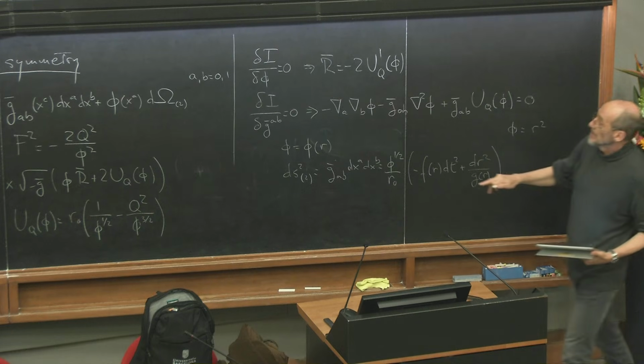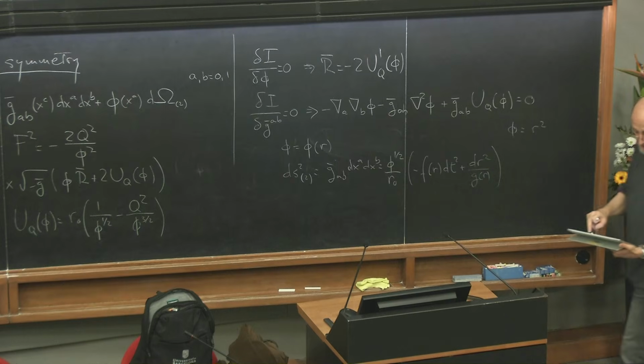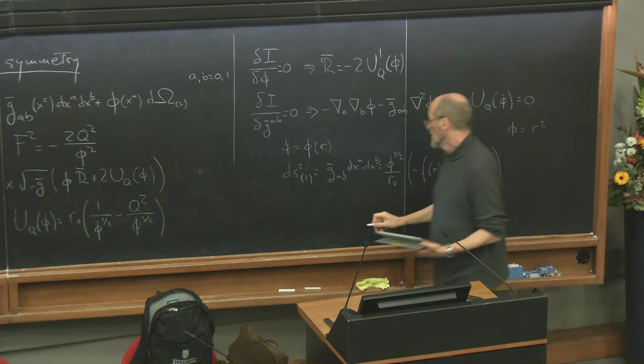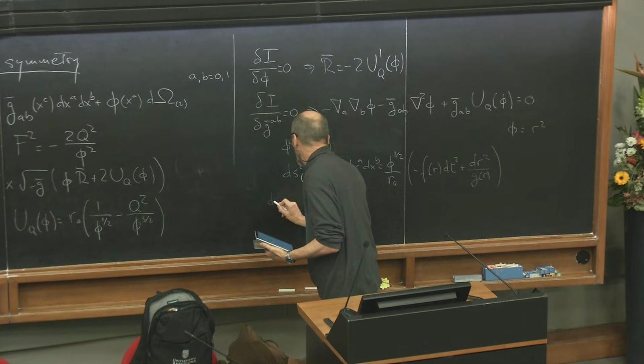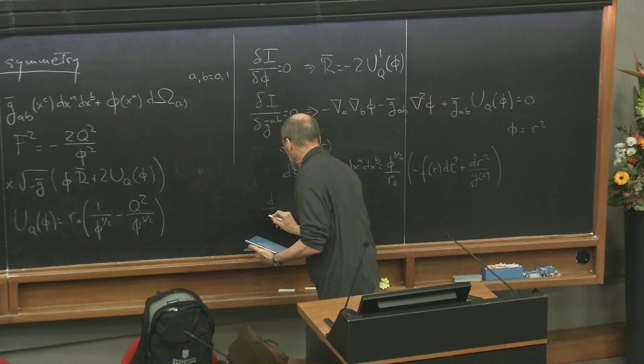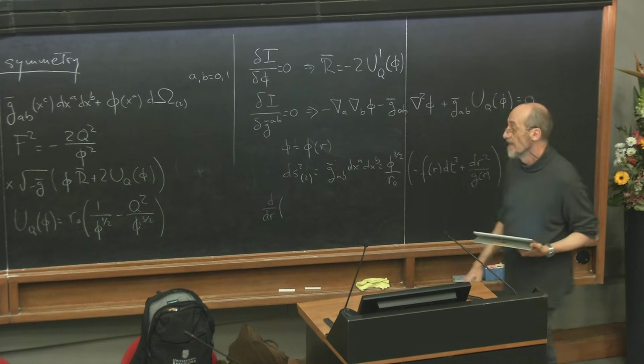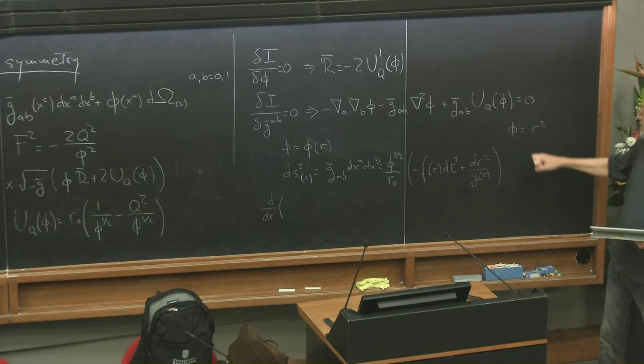And the Einstein equation, the TT component of the equation, this gives you... Why is phi a function of r only? Because I decided to do that.